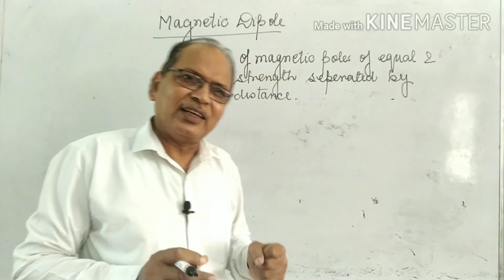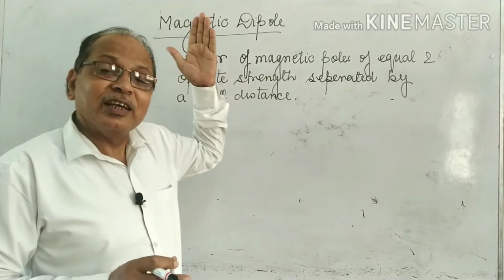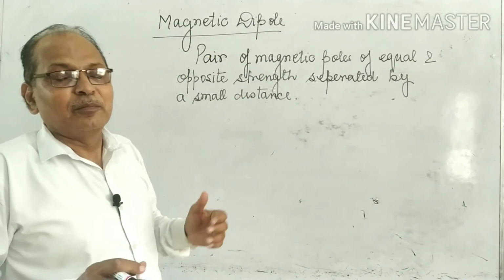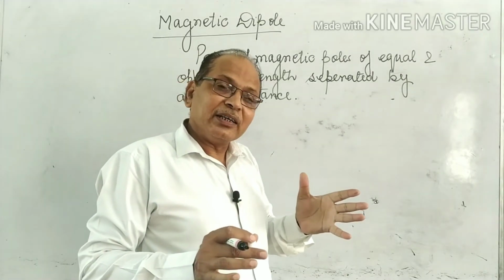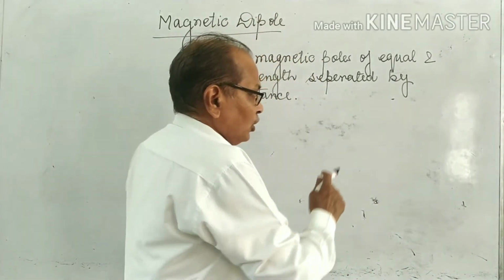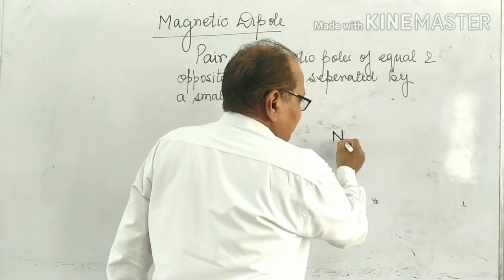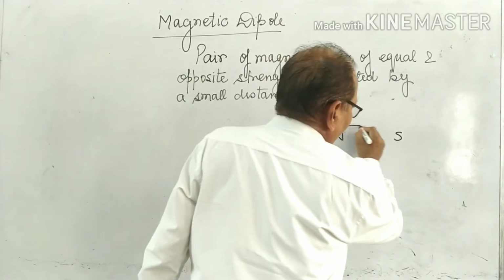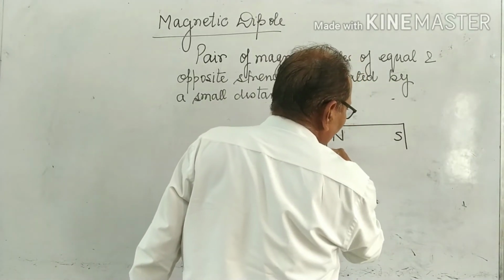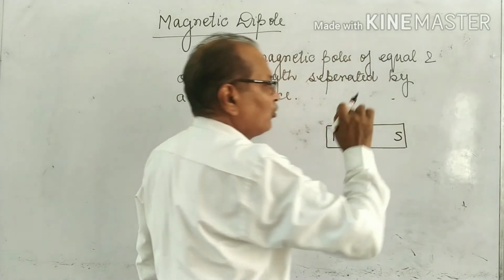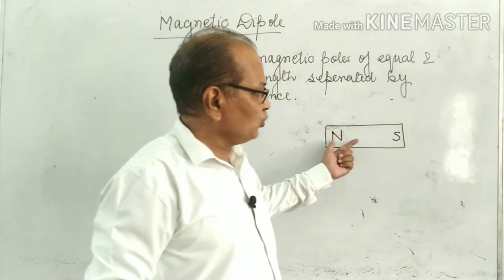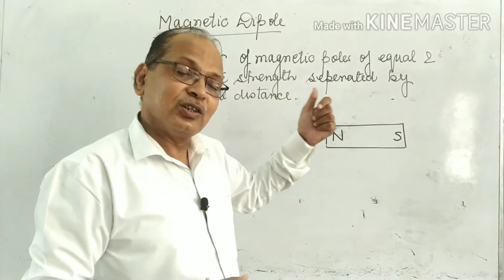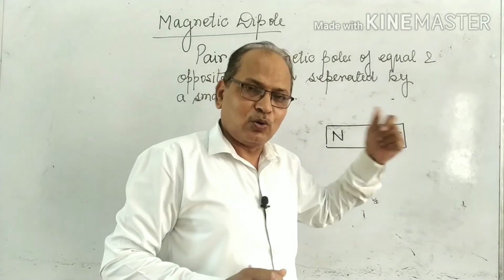The difference is that instead of electric dipoles, here we have magnetic dipoles. Magnetic dipole means two poles, N and S, for example of a bar magnet, and these two poles are equal in magnitude, but one is north and another is south.